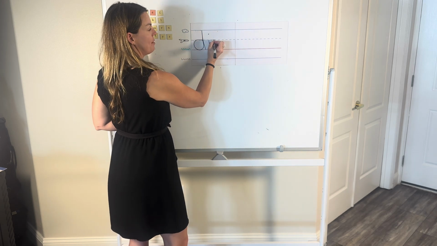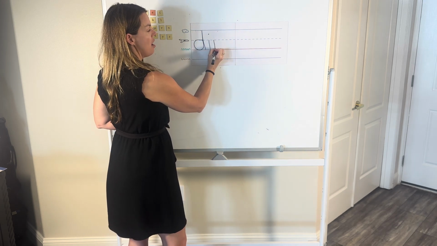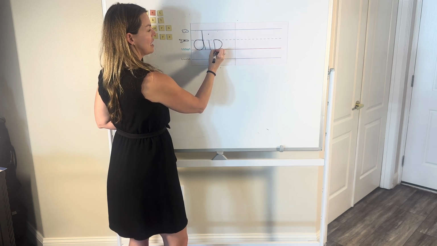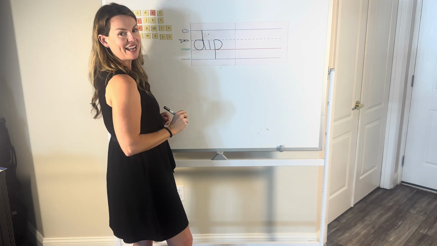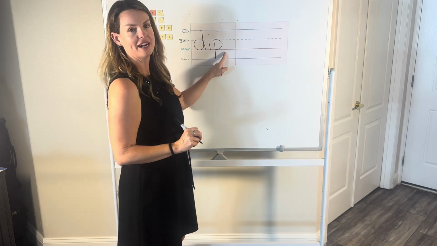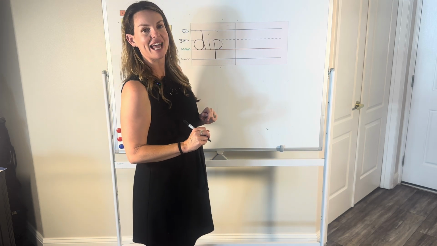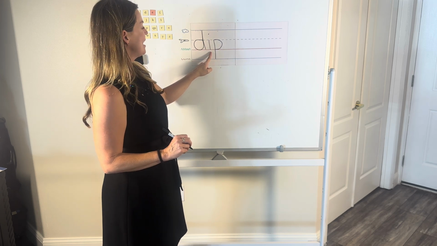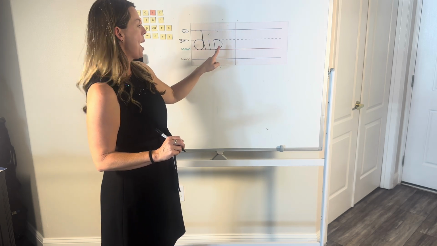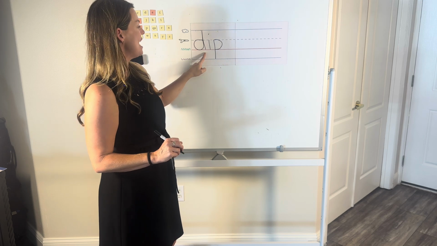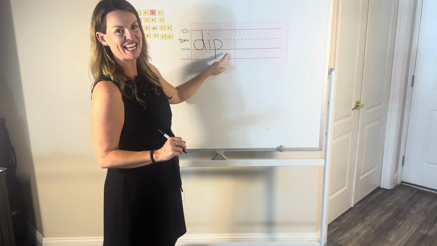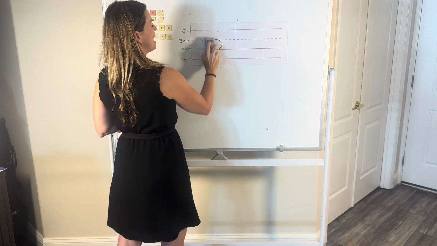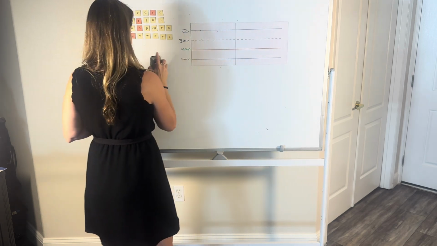P starts on the airplane line and goes all the way underground. Then it curves around. Now slide your finger underneath your letters to blend the sounds together. D, I, dip, dip, dip. Excellent work.